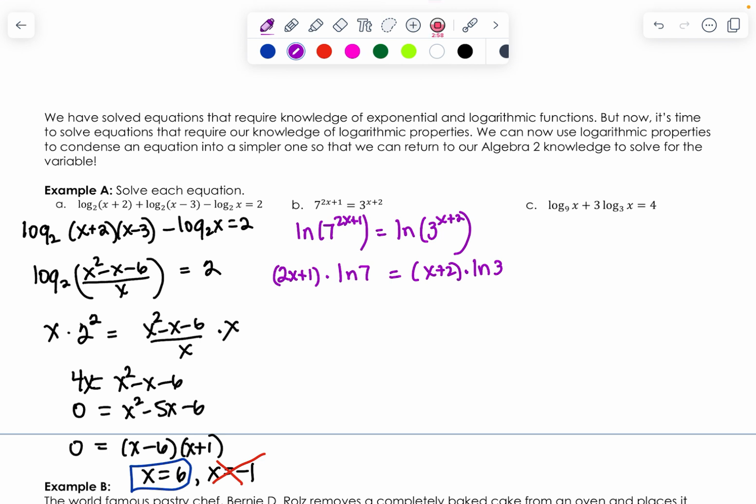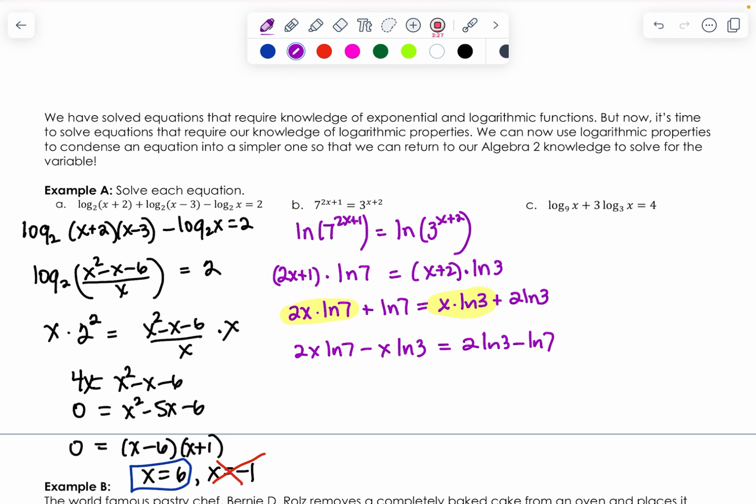All right, so then this is going to be 2x times the natural log of 7 plus the natural log of 7. Keep in mind, natural log 7 is a number, okay? So then I'm going to get x natural log 3 plus 2 natural log 3. So what I want to do now is I want to collect the x terms. So I'm going to subtract x natural log 3, and I'm going to subtract the natural log 7.